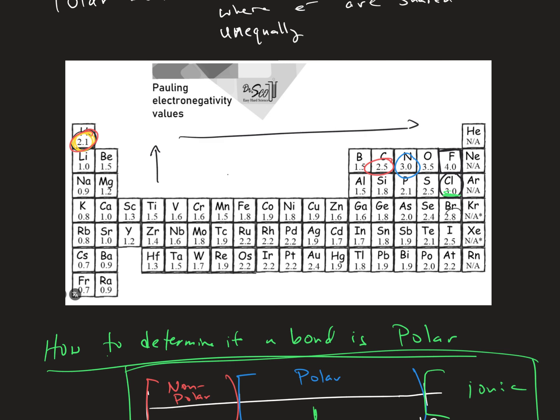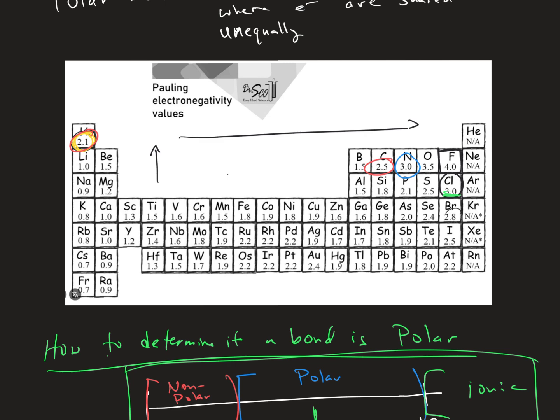Okay. Or upload it. I'll do that too. The ones that'll be on the exam will have slightly more specific electronegativity numbers. This is just one I pulled from Google.